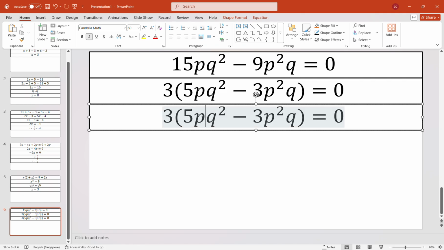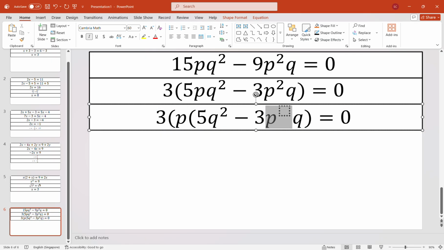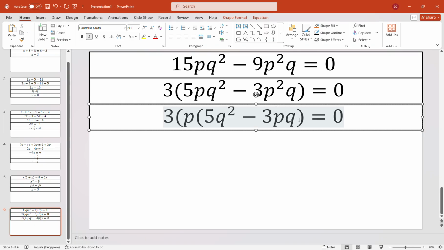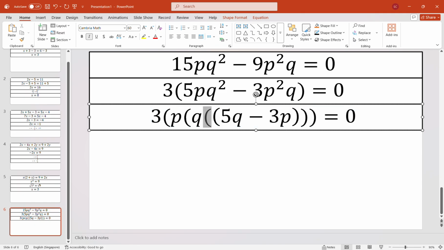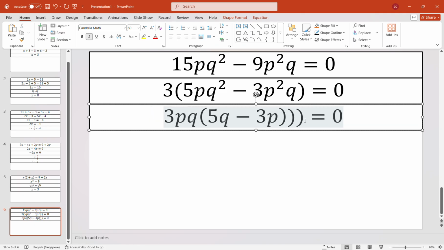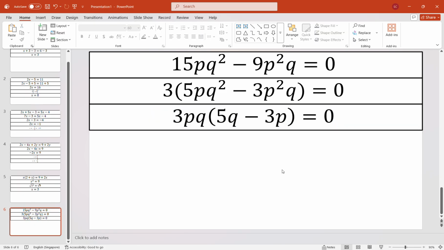And then from here we can factor out p, and then we get q, which ultimately gives us 3pq (5q minus 3p) equals 0.